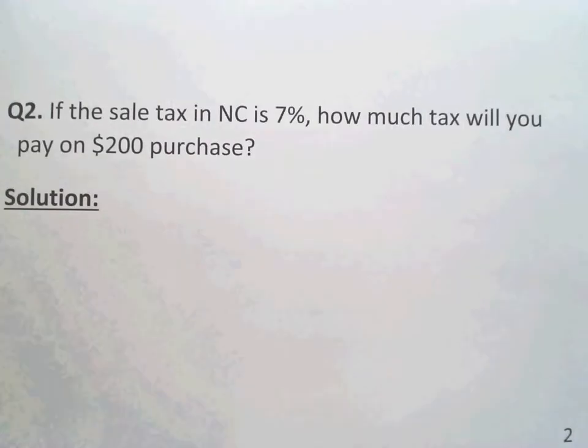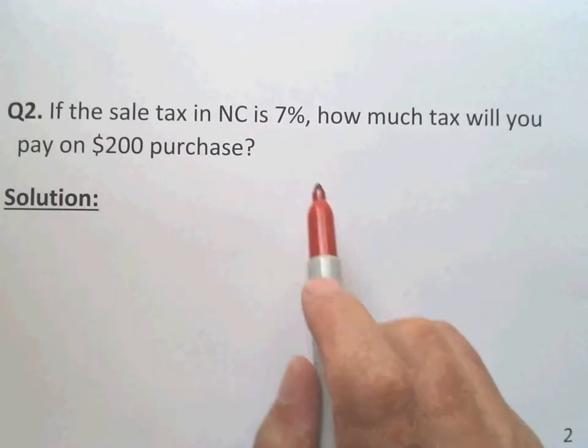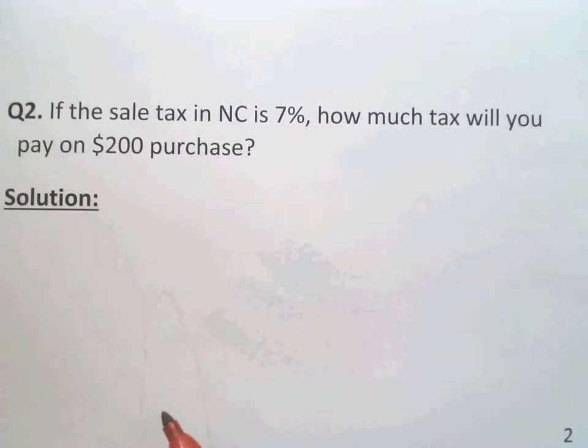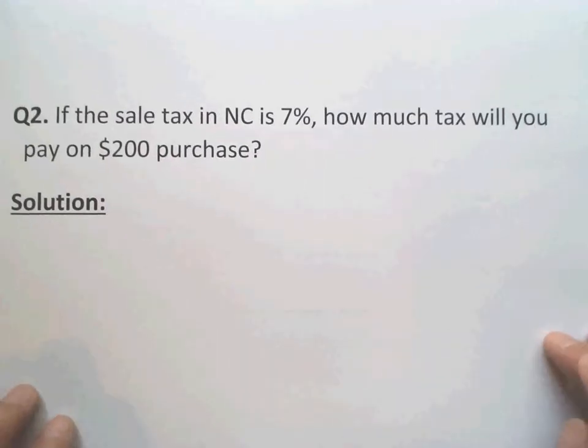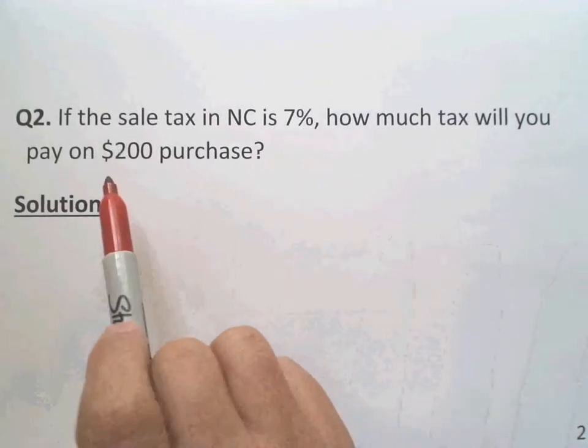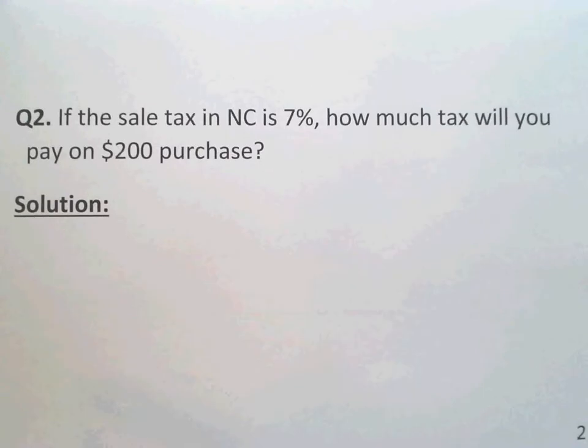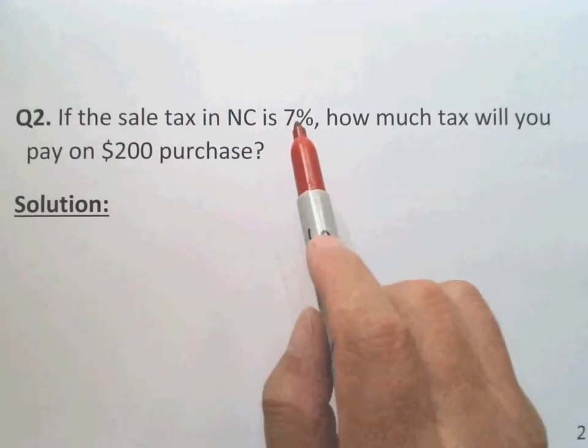If the sales tax is 7%, how much tax will you have to pay if you buy $200 of goods? If you spend 200, how much tax do we have to pay?